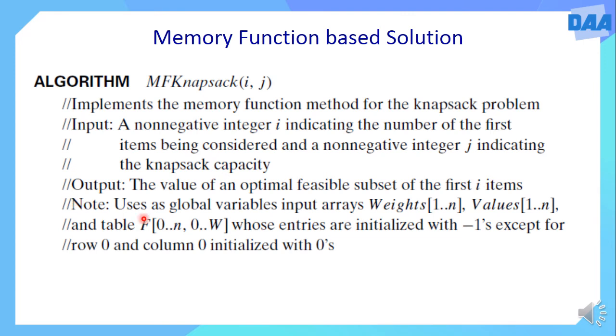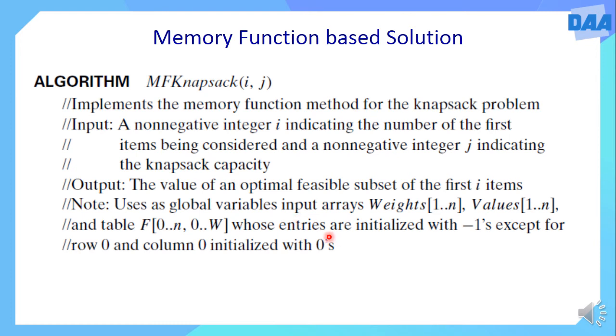Now one assumption is made here. We use global variables. Weights is one array from 1 to n, and values from 1 to n is another array, and a table F of 0 to n and 0 to W, which is very similar to the example or illustration that we discussed earlier.